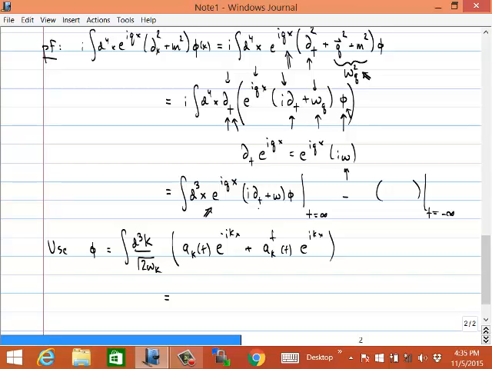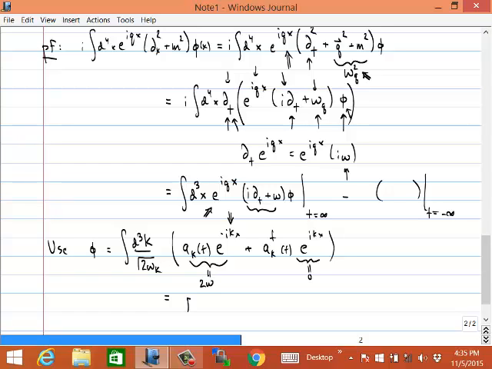And then we also need to take this differential operator and act it on phi. And so it has to act on this exponential here. And that's going to pick out this term, because this is the term where i d by dt is equal to omega. And this is the term where i d by dt is equal to minus omega. So when you act with that differential operator, it will turn this guy to 0, and it'll turn this guy into a 2 omega.